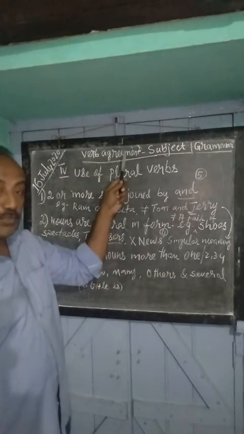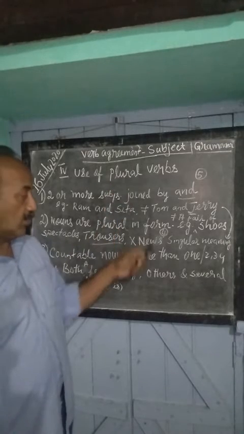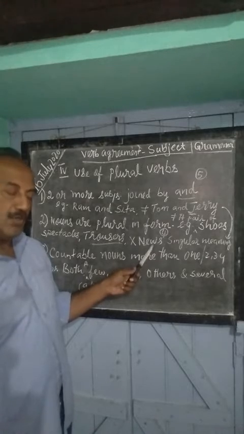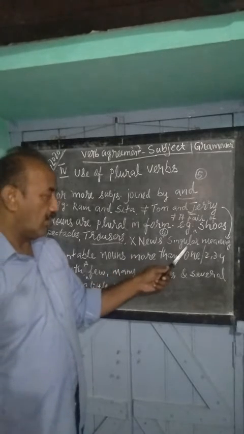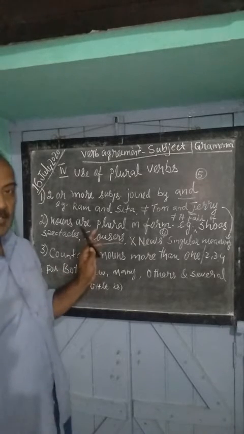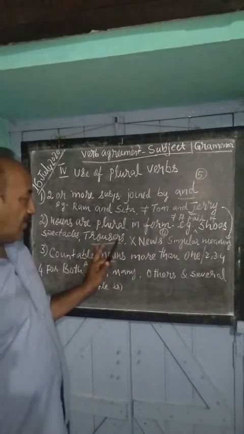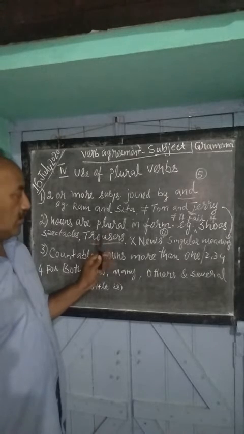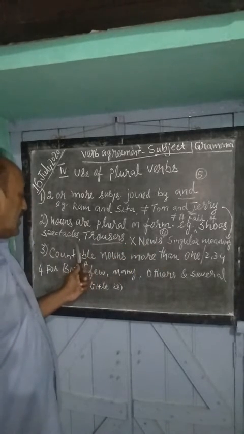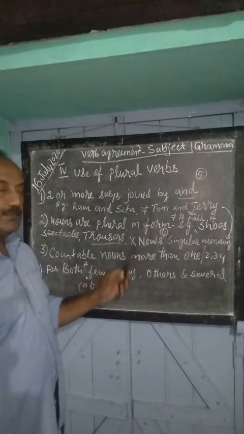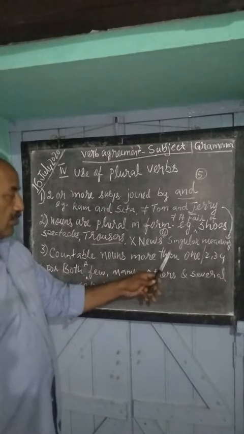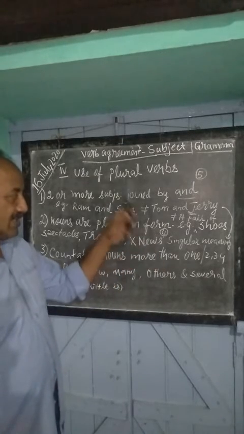This is the rule in the fourth rule, third set. Just to differentiate, I'm telling you. There's no pair of news. Only news. So always for this use singular verb. Whereas shoes, trousers, spectacles, when used like this as one word, use plural. But when it's a pair of shoes, a pair of trousers, use singular. I hope it's clear. You should not get confused. Singular meaning, singular verb.